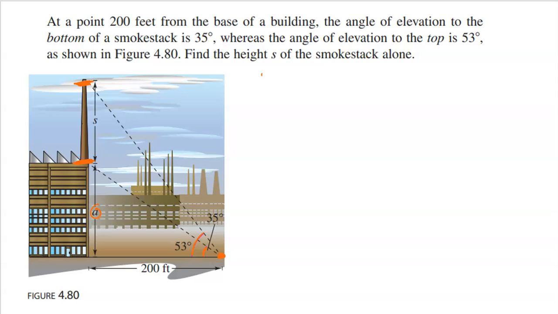I'm going to use tangent, because tangent of 35 degrees equals opposite A divided by adjacent 200. Here is this small triangle, highlighted. So that means 200 times tangent of 35 degrees equals A.